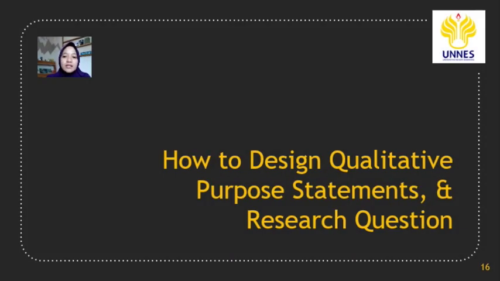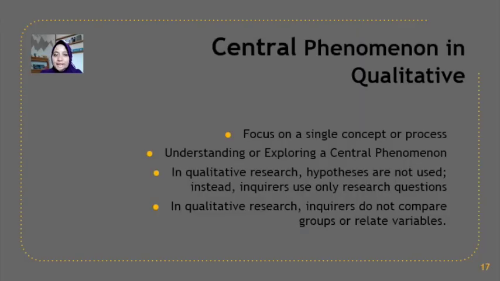It's time to design qualitative research. In qualitative research, we have only two parts: the purpose statement and the research questions, without any hypothesis and objectives. In quantitative research, hypotheses are used, but in qualitative they are not, because it is only a research question and the researcher does not test anything or compare any groups.